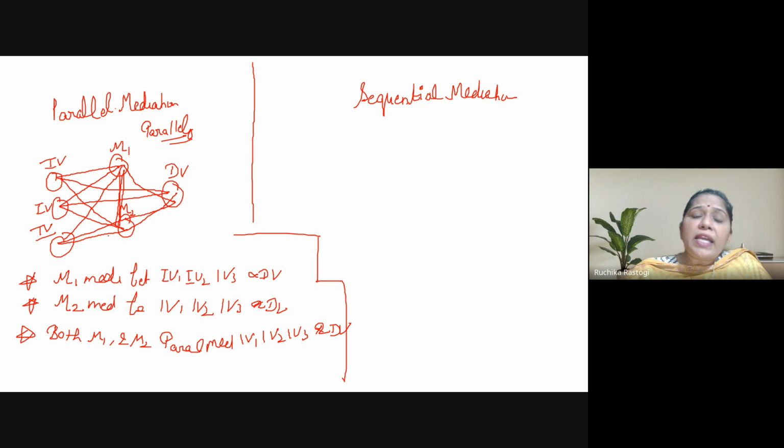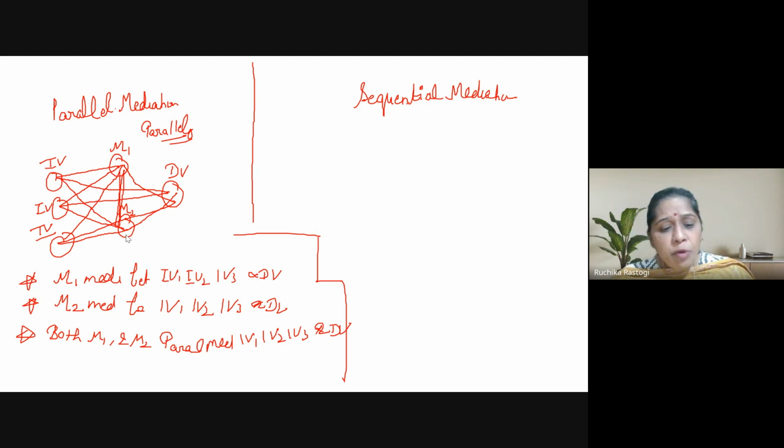And what could be the second hypothesis? Again, likewise, IV is having relationship with M1, M1 with M2, and M2 with DV. So when this kind of relationship is established between M1 and M2, we will make the model and create one arrow from M1 to M2 and we will check the values.